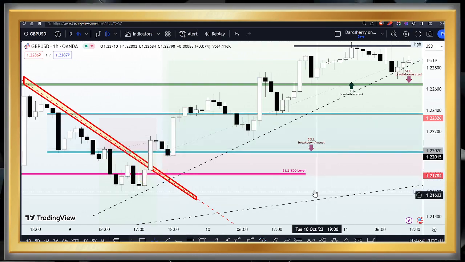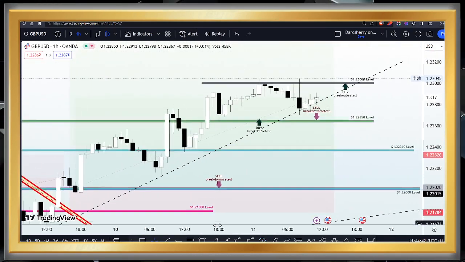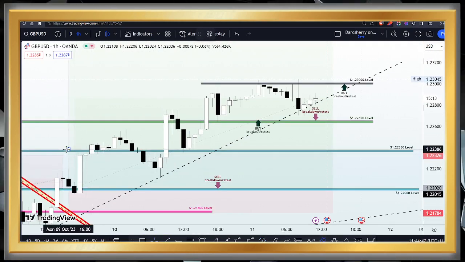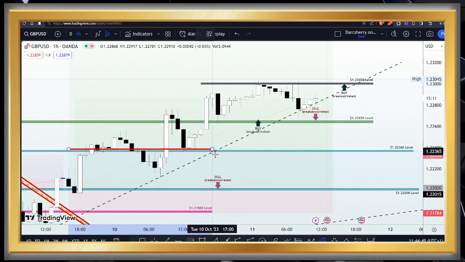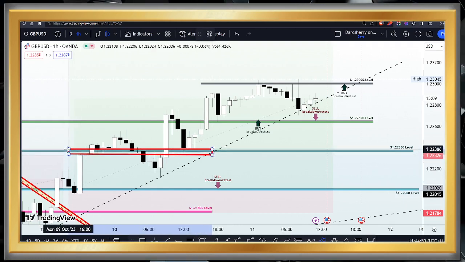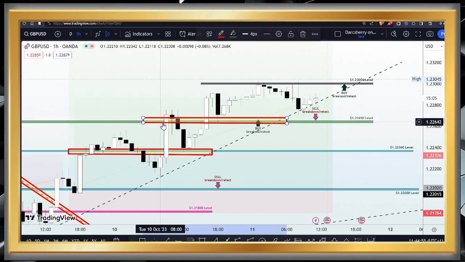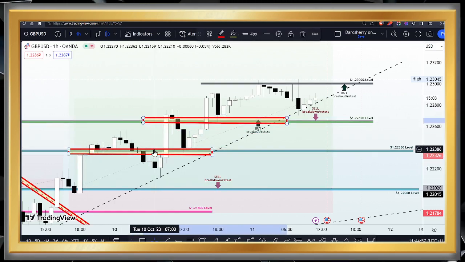And since that moment, we have been buying the GBPUSD. And remember, we also acknowledged levels such as the 1.22360. We also had the 1.22650 level, all of which we said a breakout retest of that structure will be welcoming more buy positions to our existing trade.